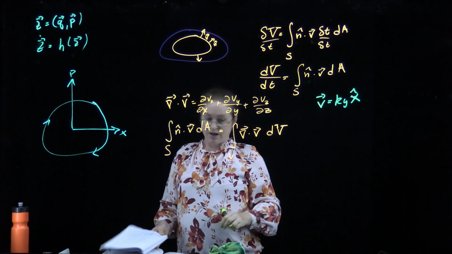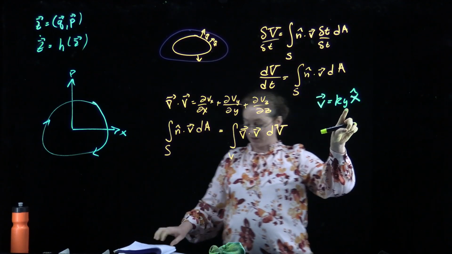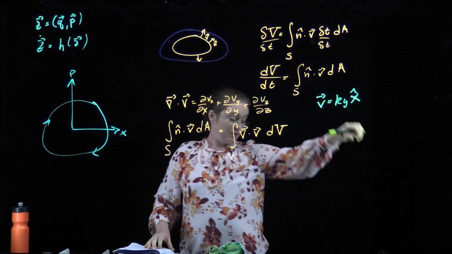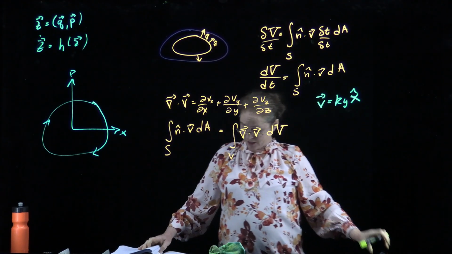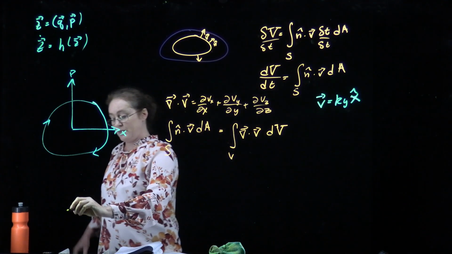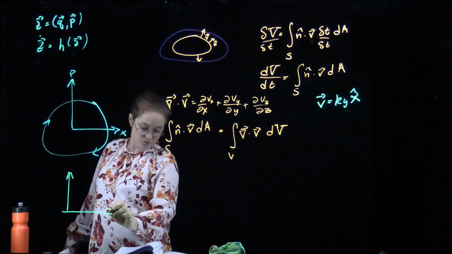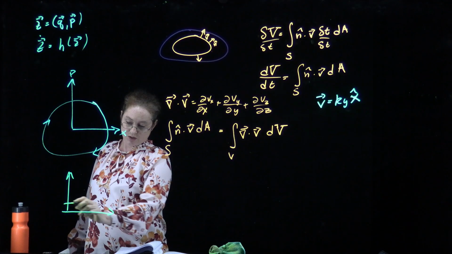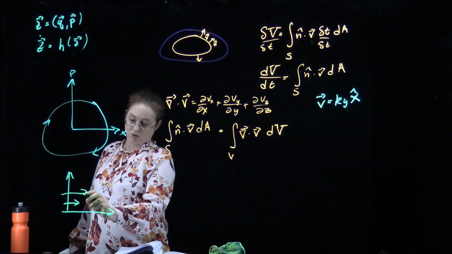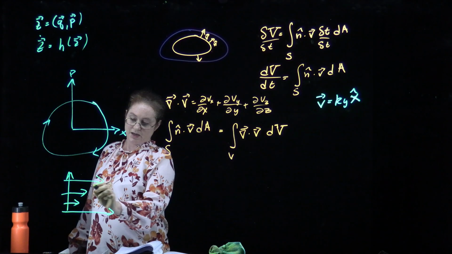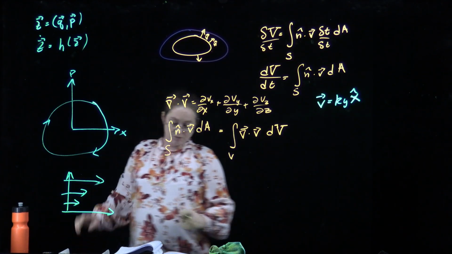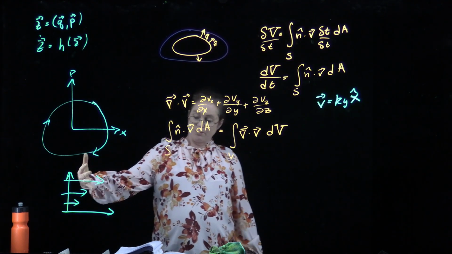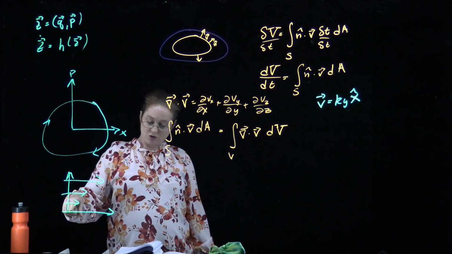So you have the x component, there's only an x component, and it only has a y dependence. What that means is that when you are here, your velocity is 0. When you're here, as you go further and further in y, it gets larger. The velocity gets larger, but it doesn't change direction.